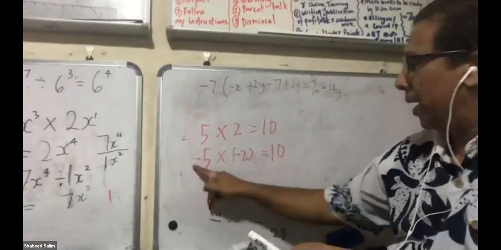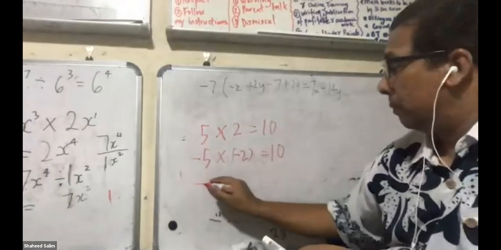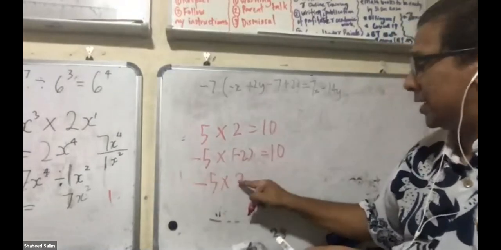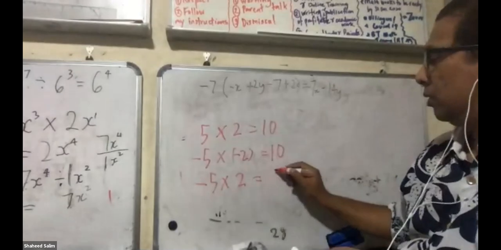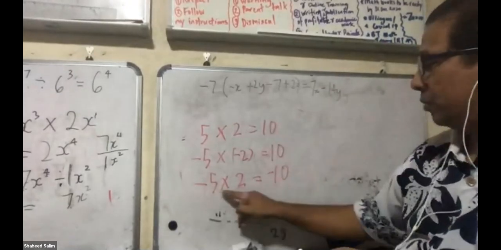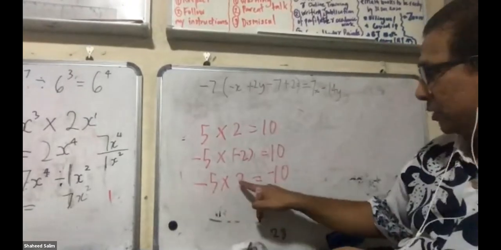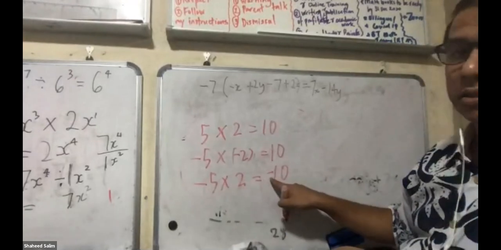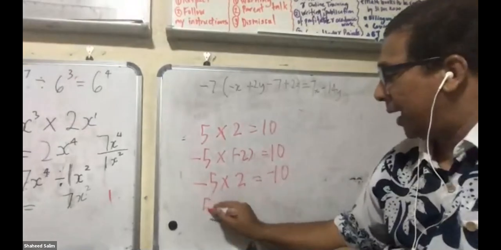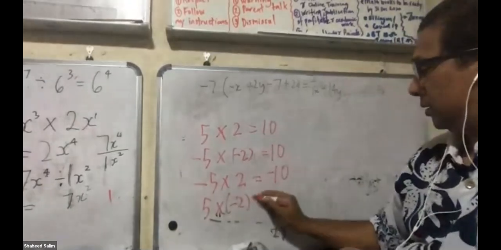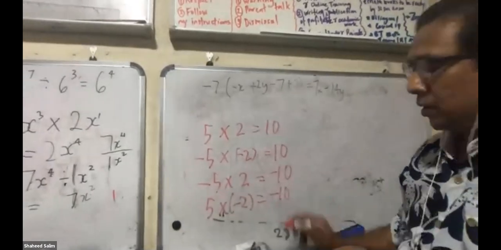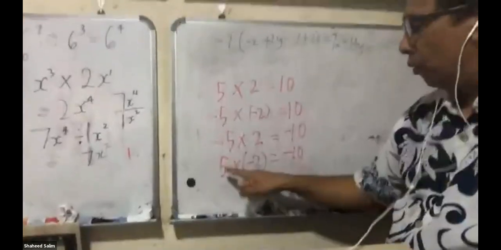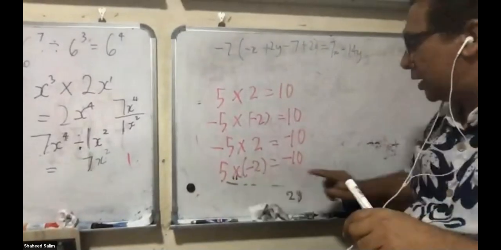Minus times plus is minus; 5 times 2 is still 10. Plus times minus is also minus. So look at the pattern: if one is minus and one is plus, the answer is surely minus.